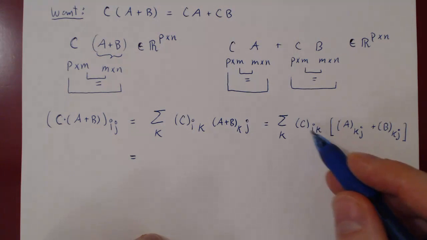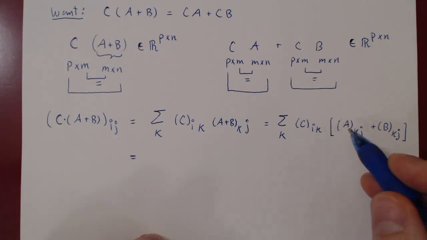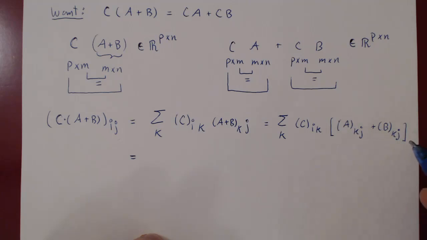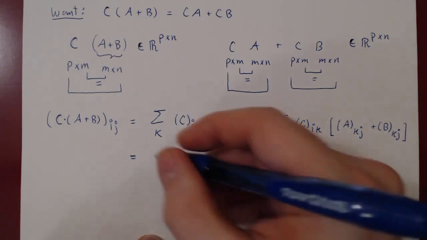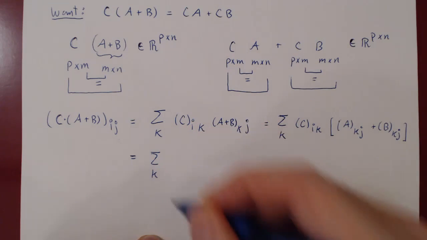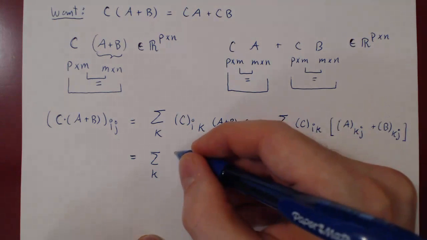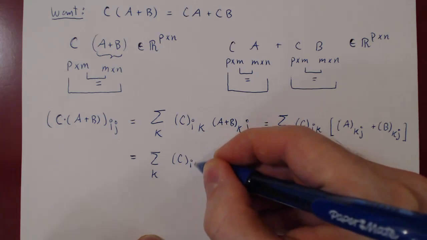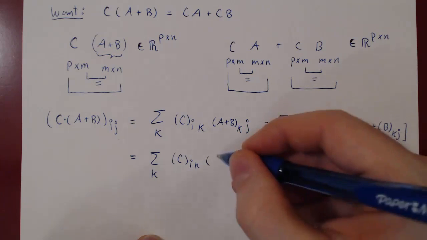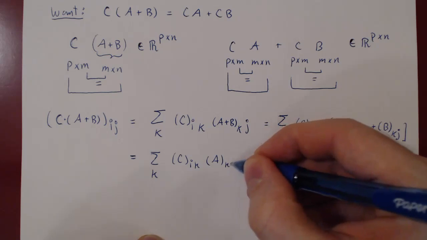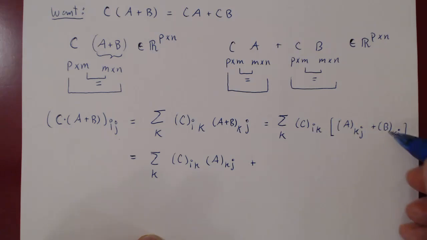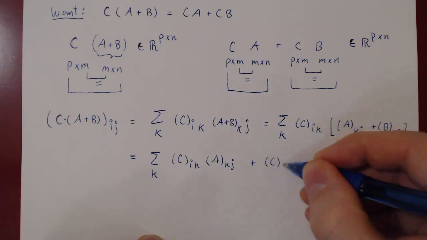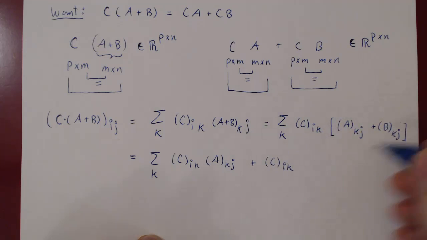This is the entry in C in the ith row jth column, entry in A and B in the kth row jth column. So we can distribute this product since we have real numbers. So we'll have C_ik A_kj plus C_ik B_kj.